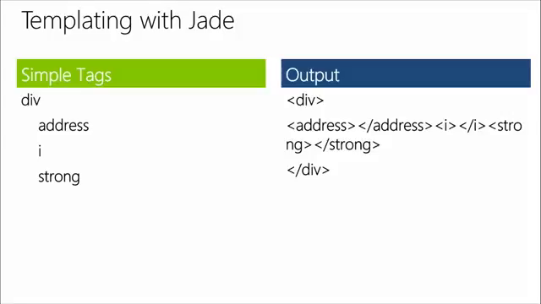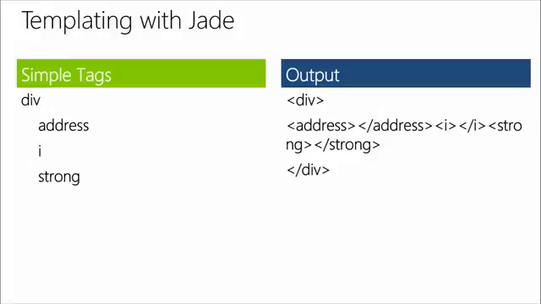So just to go over an example, and we saw something on the Jade site, but to give you the actual output, if you look at just some simple tags here, you specify a div, you get the output of a div, and then if something's tabbed in, like an address element, for example, it's going to do that same kind of hierarchy that you would try to achieve in HTML. Same thing with the i and the strong.